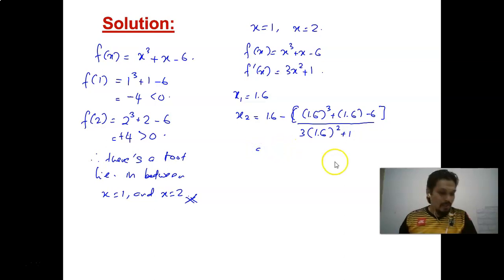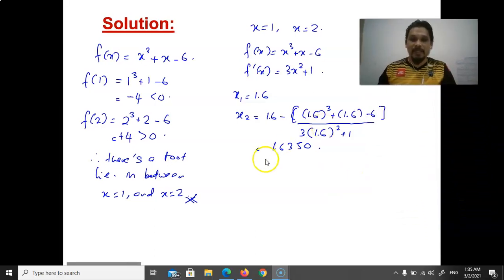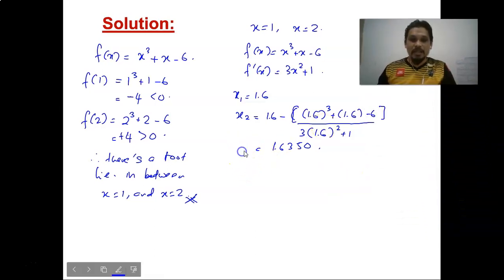Okay, use your calculator. I just scribble the answers here. And it generates the first one, x2 equals 1.6350. Okay, this is x2. Now x1 of course is different here.